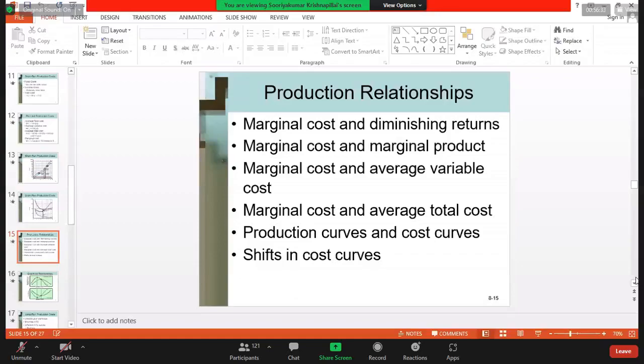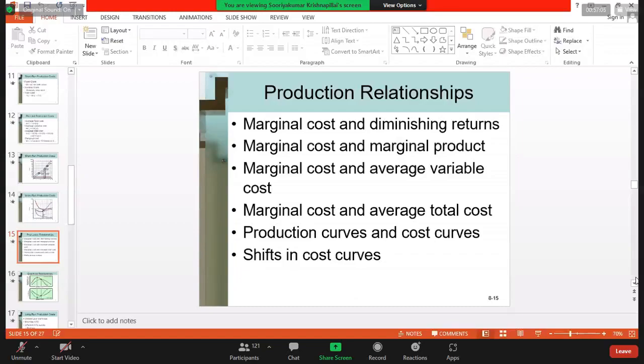So the production curve and cost curve are opposite images. Marginal cost and average variable cost are the mirror image of the marginal product and average product.